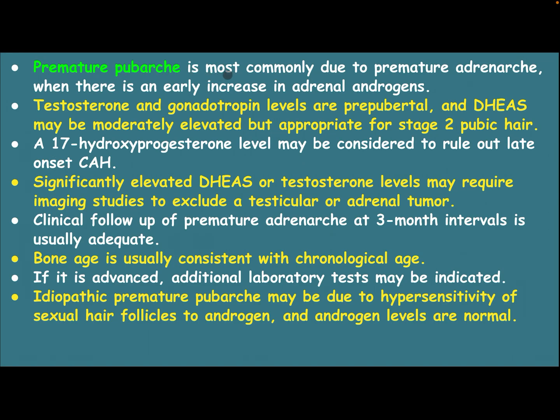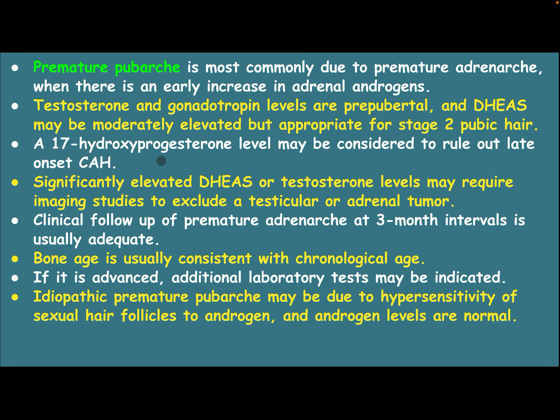Premature pubarche is most commonly due to premature adrenarche, when there is an early increase in adrenal androgen. Testosterone and gonadotropin levels are prepubertal and DHEAS may be moderately elevated but appropriate for stage 2 pubic hair.